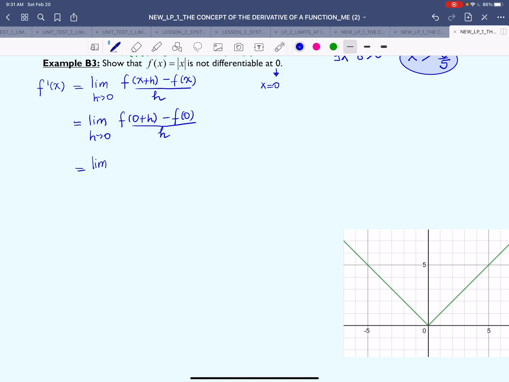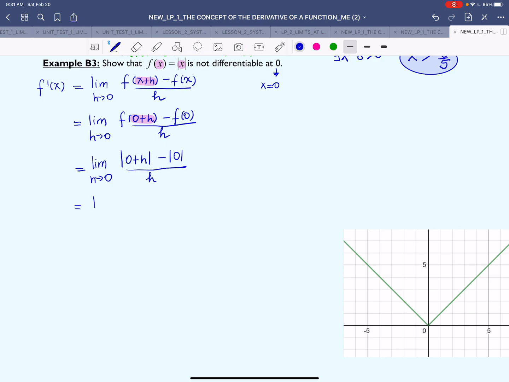That would be the limit as h approaches 0. And wherever you see x, you have to substitute by x plus h, or 0 plus h. So that would be absolute value of 0 plus h minus absolute value of 0 divided by h.